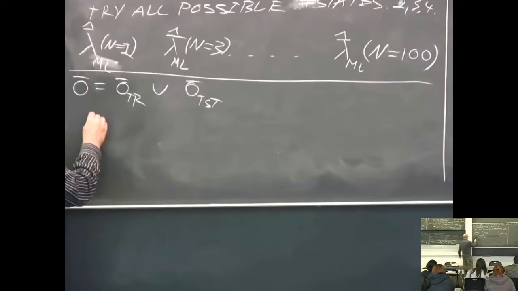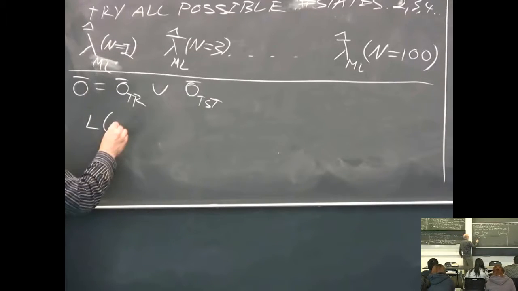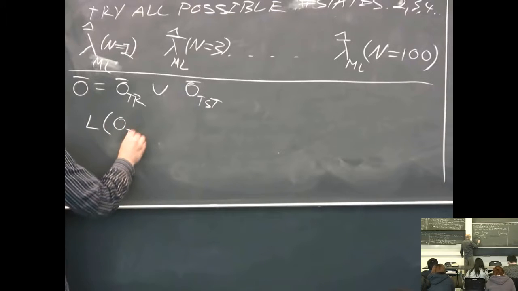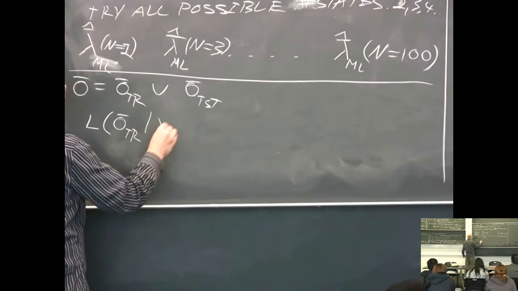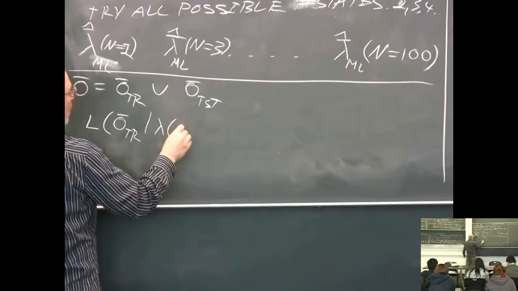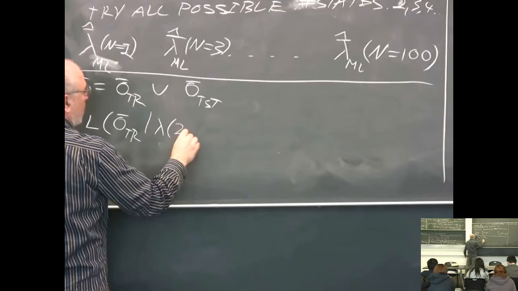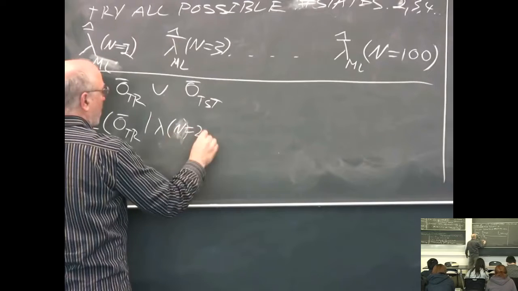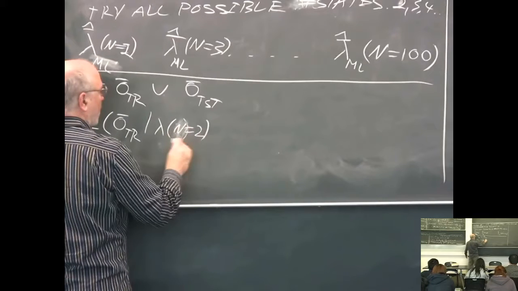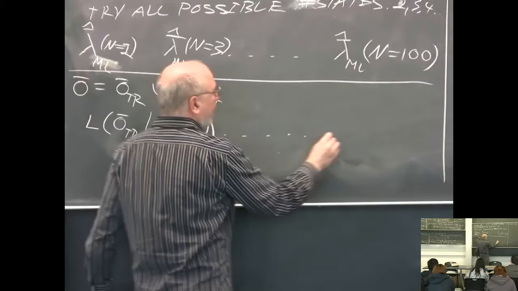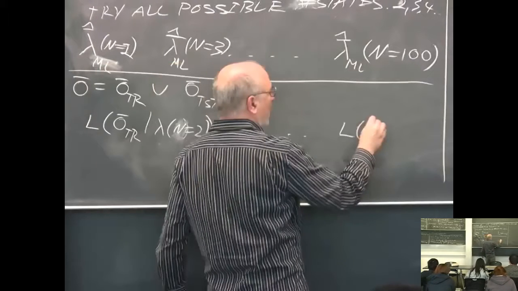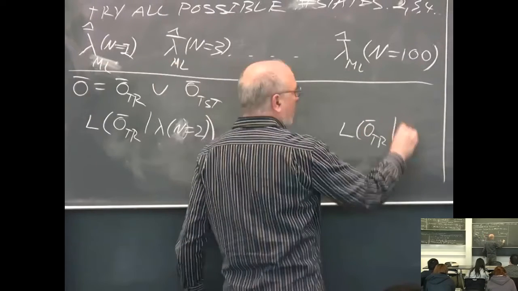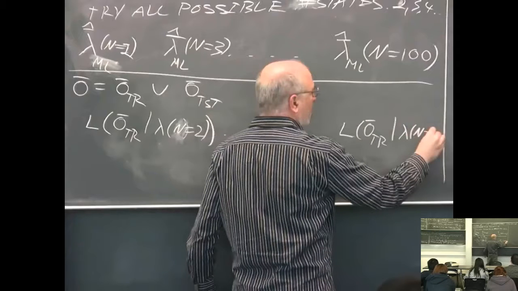Let's look at the likelihood of O train given the model with n equals 2, with 2 states, all the way to the likelihood of O train given the model with n equals 100.